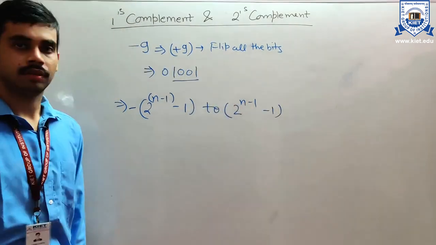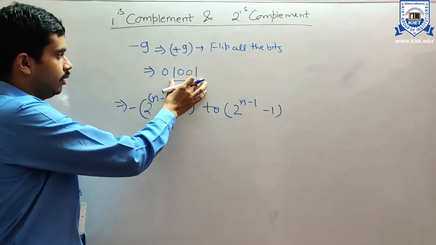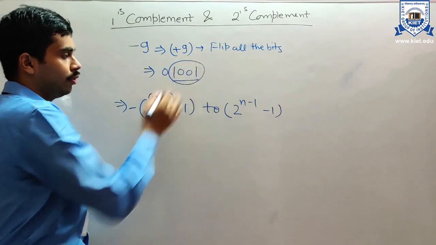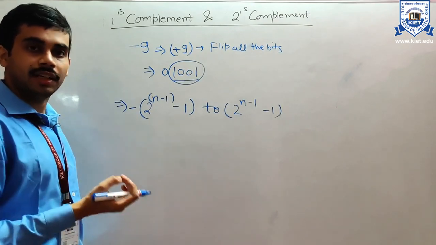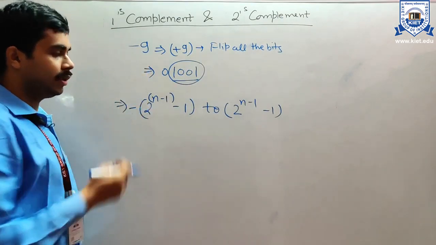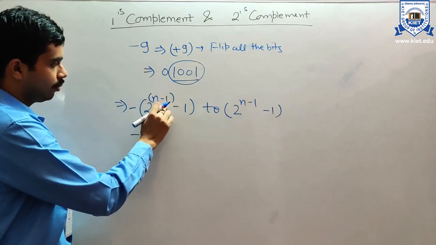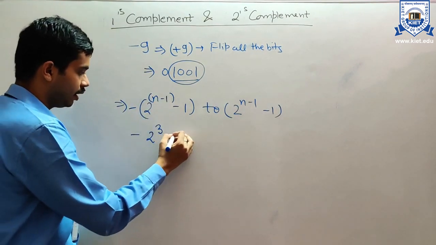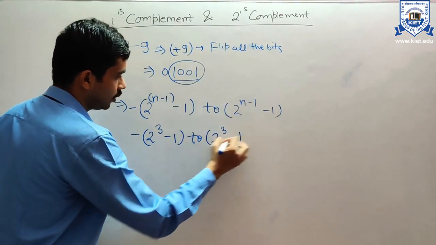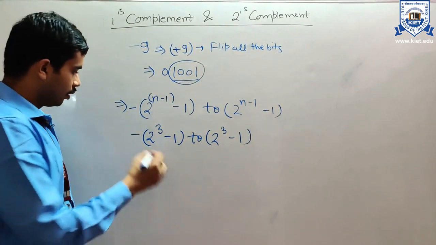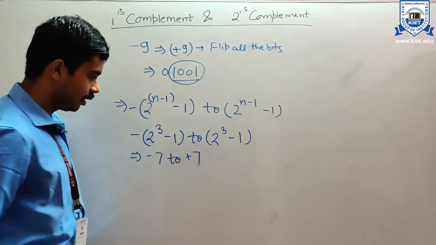Now look here, the magnitude of 9 can be calculated within 4 bits, but we first have to check whether 9 can be represented in 4 bits or not. For 4 bits, minus 2 to the power 3 minus 1 to 2 to the power 3 minus 1 gives minus 7 to plus 7.